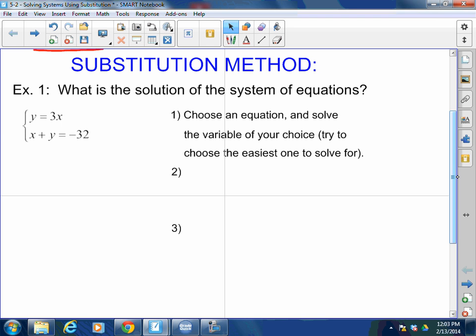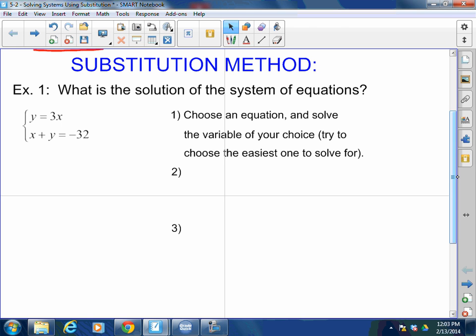The first thing you want to do is choose an equation and solve for the variable of your choice. Try to choose the easiest one to solve for, though. You're going to solve for the easiest variable that you can see. In this particular case, do we have to choose?